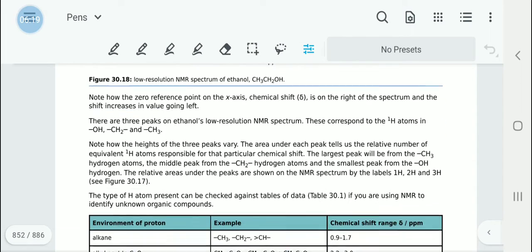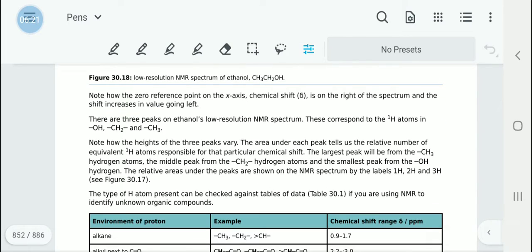Using these peaks and a data table, we can identify the organic compound.